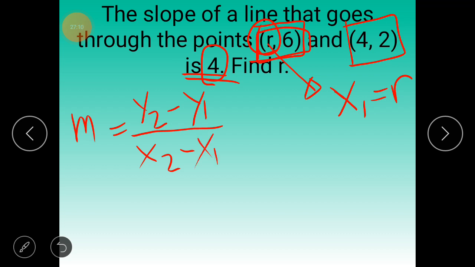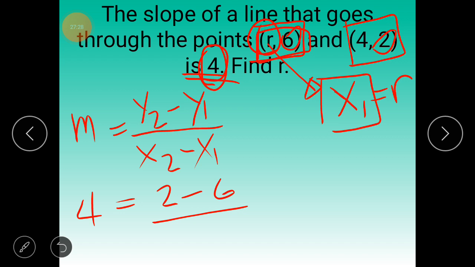So what you're missing here is x sub 1. Same procedure. Substitute the given. M is equal to 4 equals y sub 2, which is 2, minus y sub 1, 6, over x sub 2, which is 4, minus x sub 1. Our x sub 1 is r.